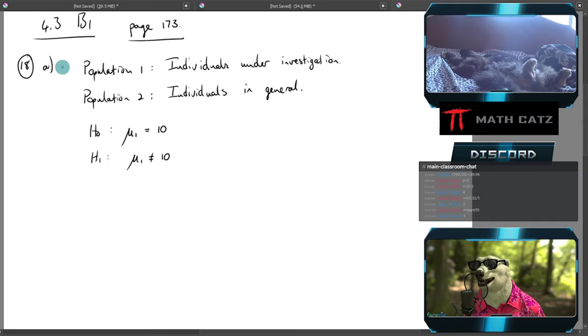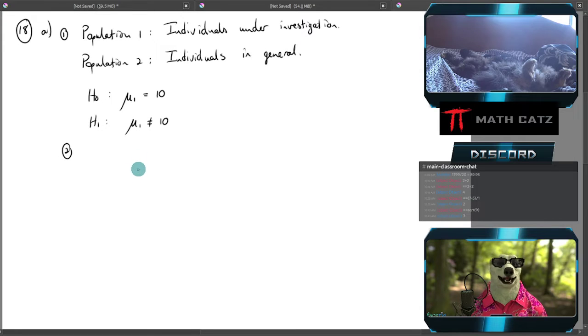So I'll number these to match the book, the steps of hypothesis testing, just to give me some structure in walking through the thought process. So step 2 is where I look at the comparison distribution.